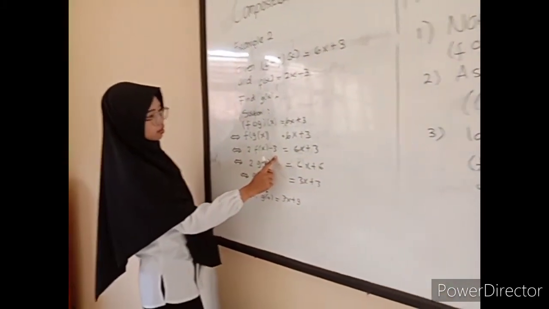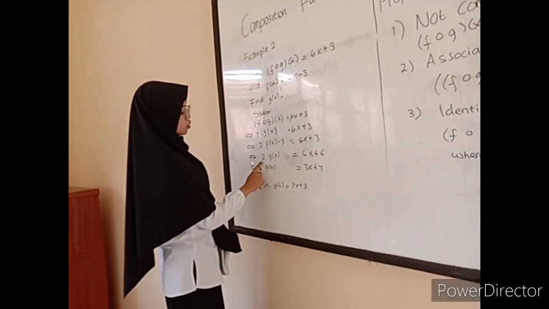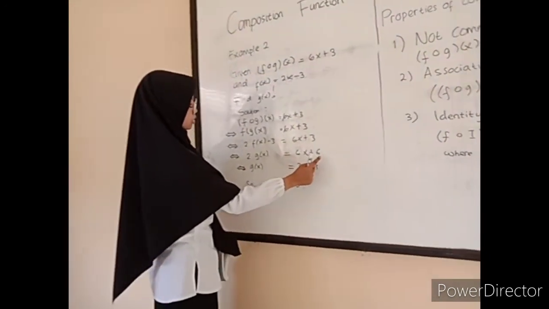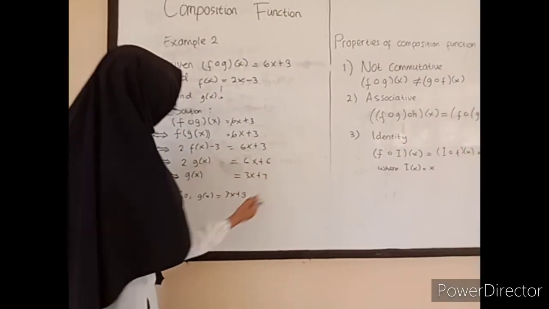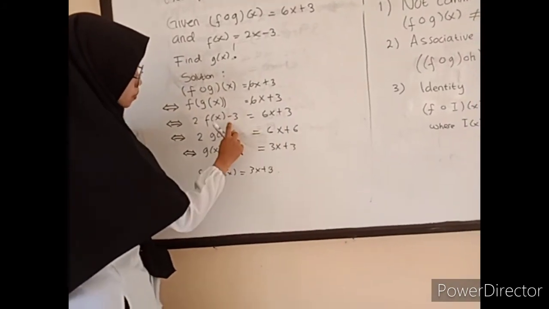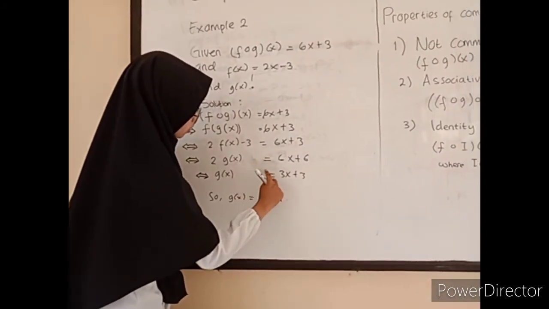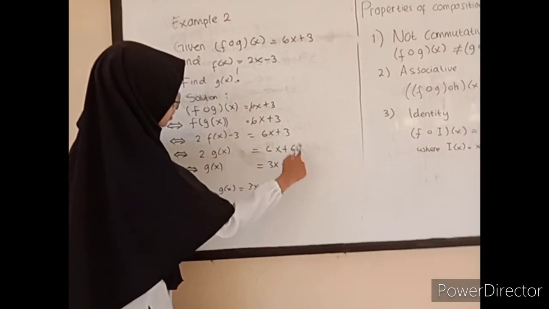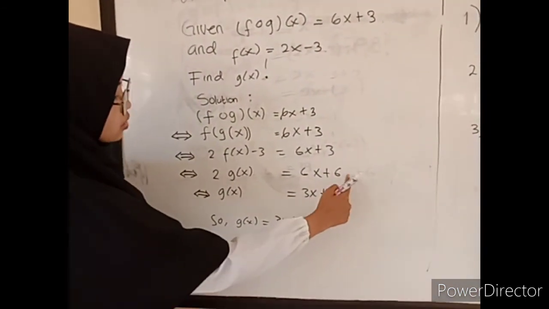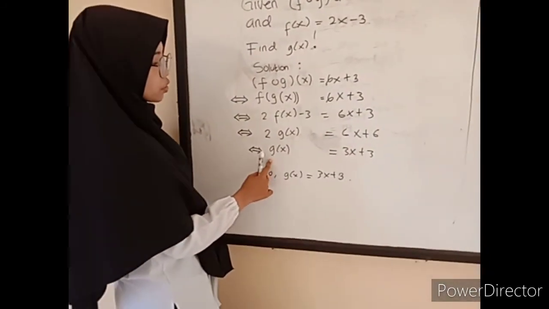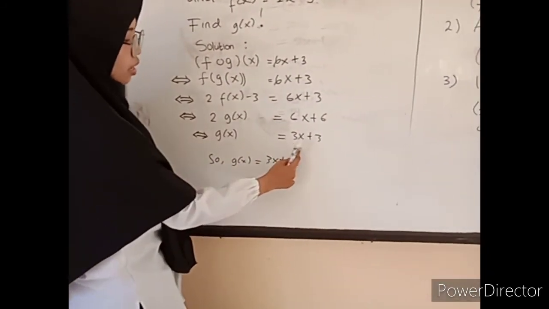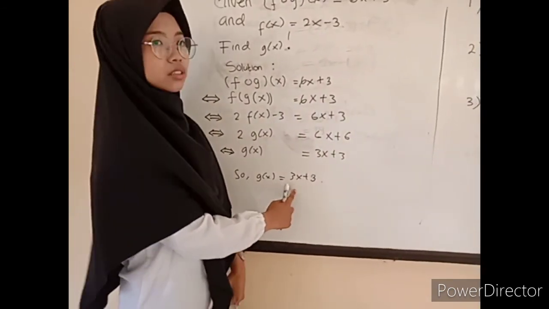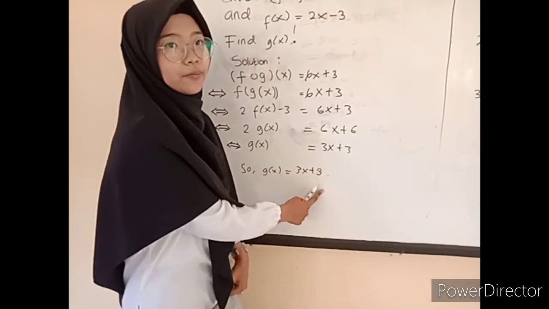We can write it as 2g(x) - 3 equal to 6x + 3. So 2g(x) equals 6x + 6, from minus 3 moving over, 3 plus 3 we get 6. So g(x) equals 3x + 3. So the solution is g(x) = 3x + 3.